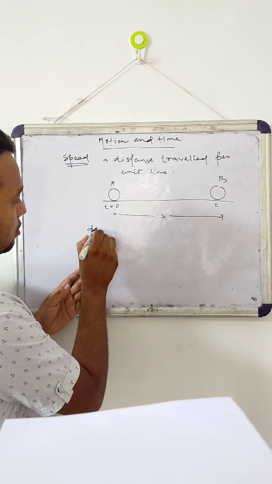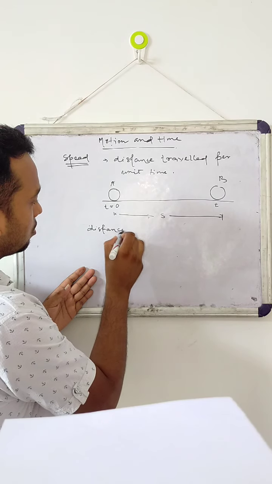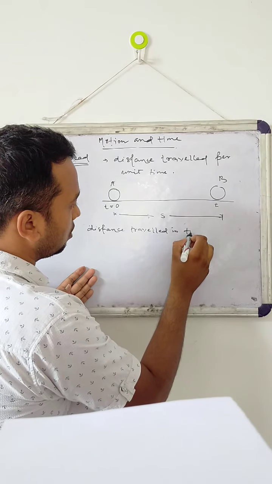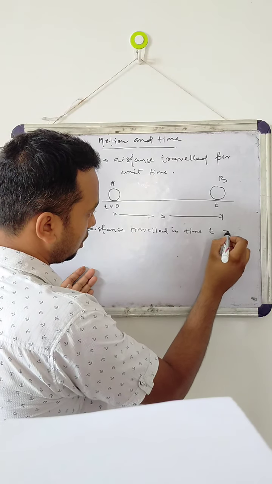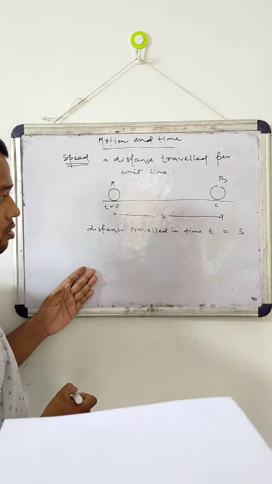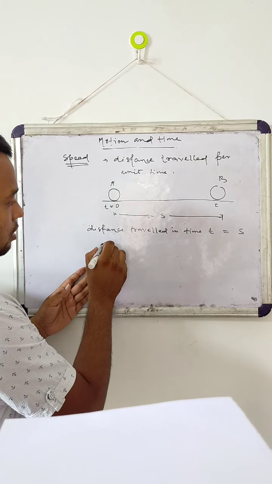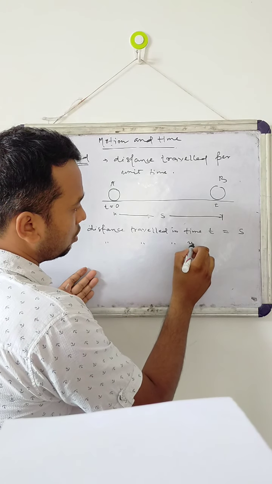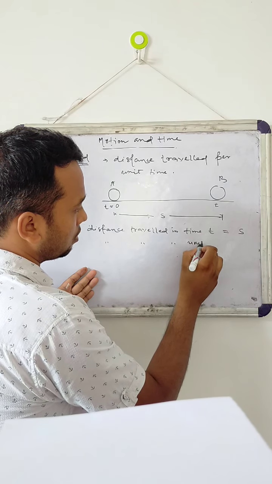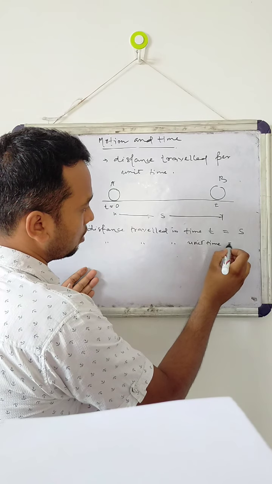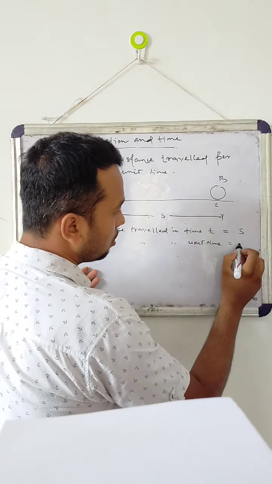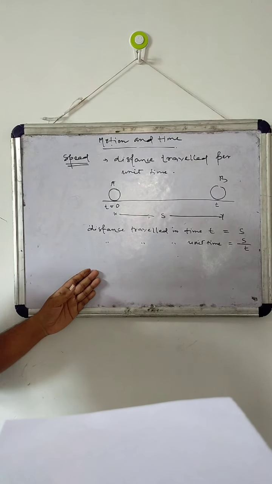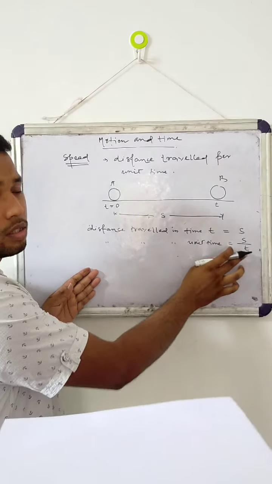So distance traveled in time T is equal to S. Now distance traveled in unit time, unit time means 1, will be S by T. So this is our speed.